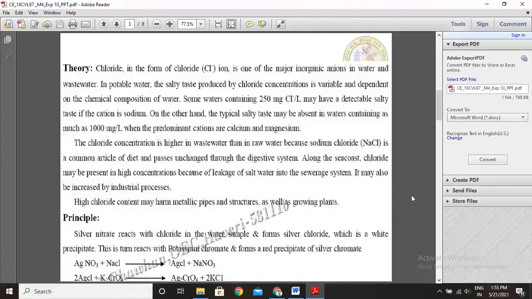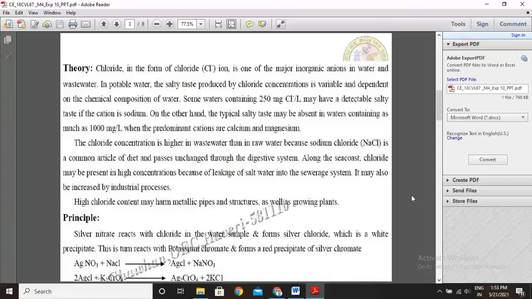Some waters containing 250 mg chloride per liter may have a detectable salty taste if the cation is sodium. On the other hand, the typical salty taste may be absent in waters containing as much as 100 mg per liter when the predominant cations are calcium and magnesium. So this is the concept of chloride.